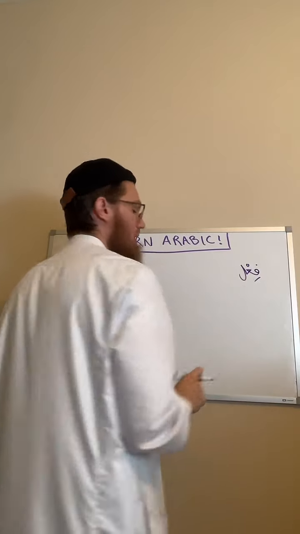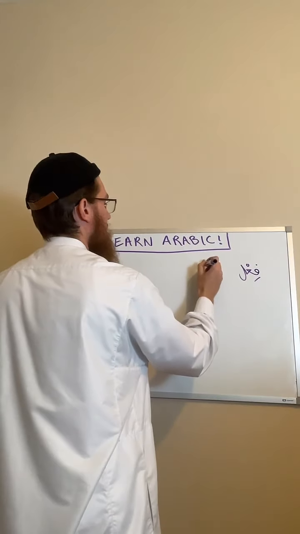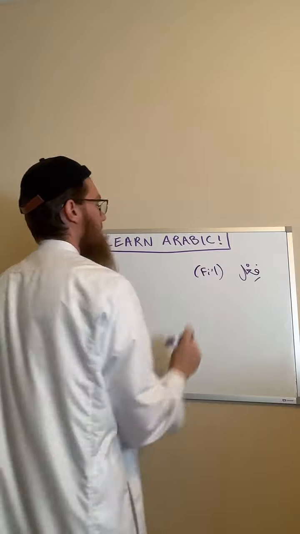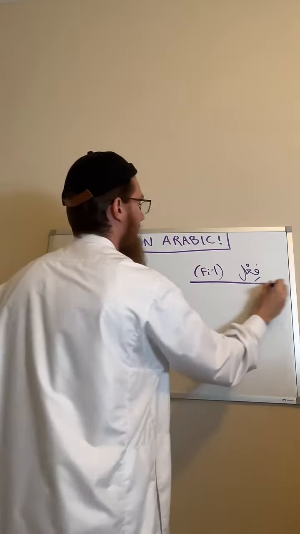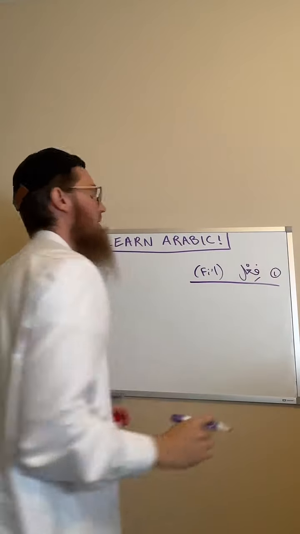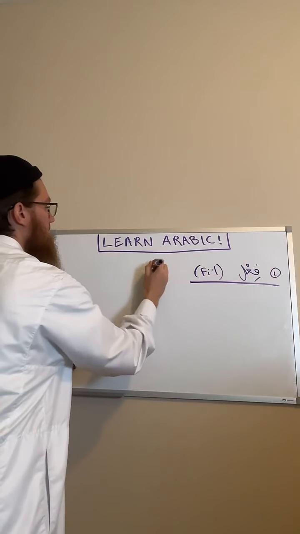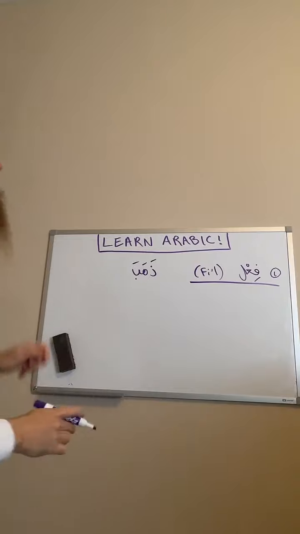Let's write some examples of the fi'l. For those of you who can't read Arabic, I'll put some transliteration. The fi'l has both a complete meaning and a relation to time. This is the first category. So, for example, ذهب.